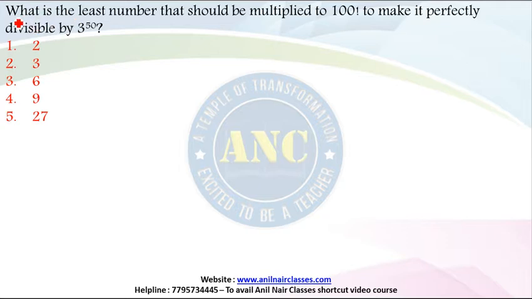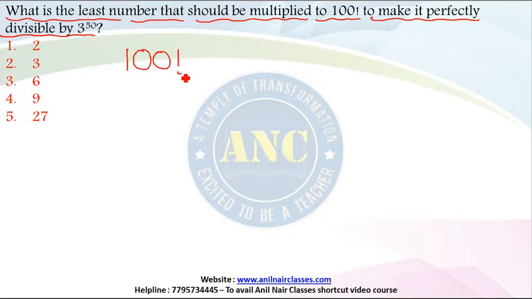Please see the next question. What is the least number that should be multiplied to 100 factorial to make it perfectly divisible by 3 power 50? That means I have a number called 100 factorial.